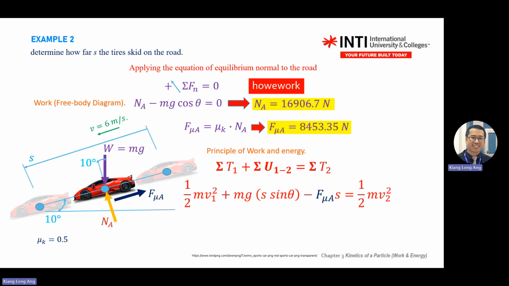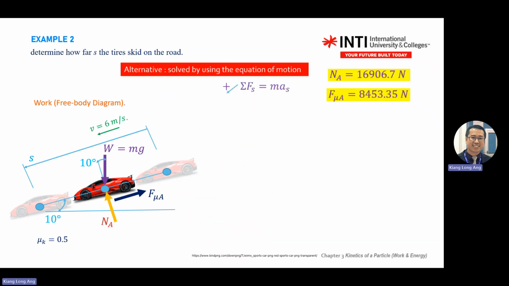Okay, so this is the concept on how you solve this question. Again, you can solve using chapter 2 also. Why? Because acceleration is constant. This is just your homework. I just show you how to use the chapter 2 solution, F equal to ma.